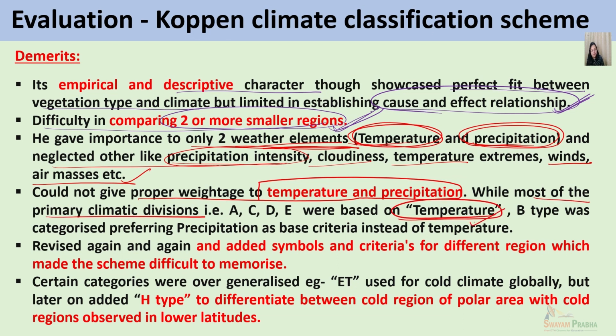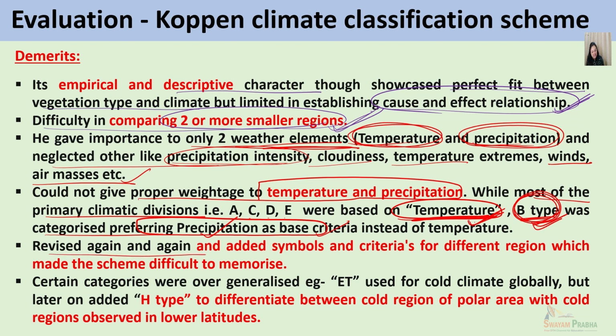While most of the primary climatic divisions, that is A, C, D, E, were based on temperature, while classifying the B type of climate, due importance was not given to temperature in this particular category, and precipitation was given much more importance in defining the category B instead of temperature. So although the primary categorization was based on temperature, for the B category, more importance was given to the precipitation variable. So even the two variables he took were not properly weighted in his particular scheme.